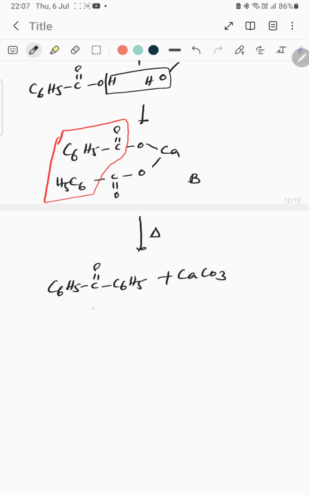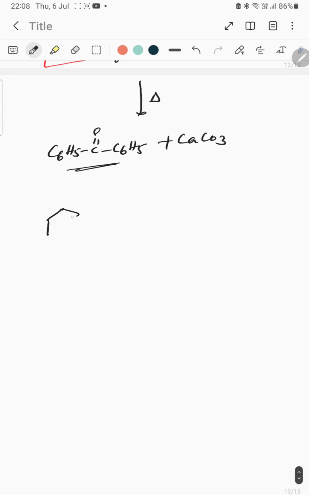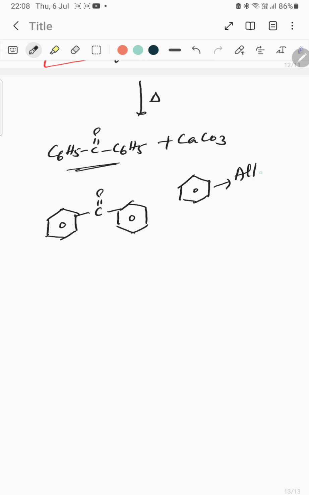What is being asked, in the formed compound how many sp2 carbons are there? The compound is benzene and C double bond O and benzene. In benzene, all carbons are sp2, and this is also sp2, because in benzene each carbon is attached to a double bond.